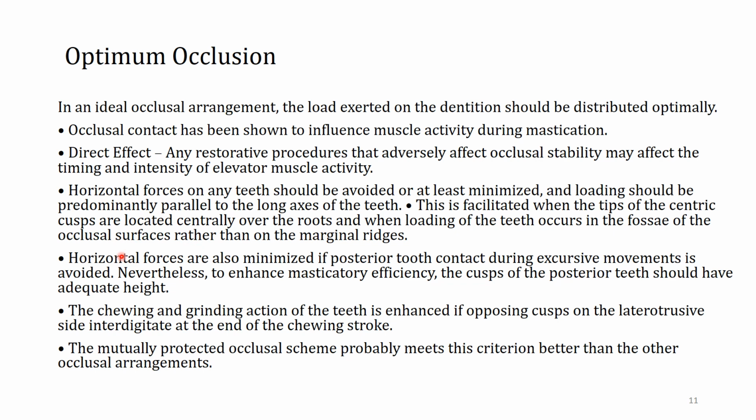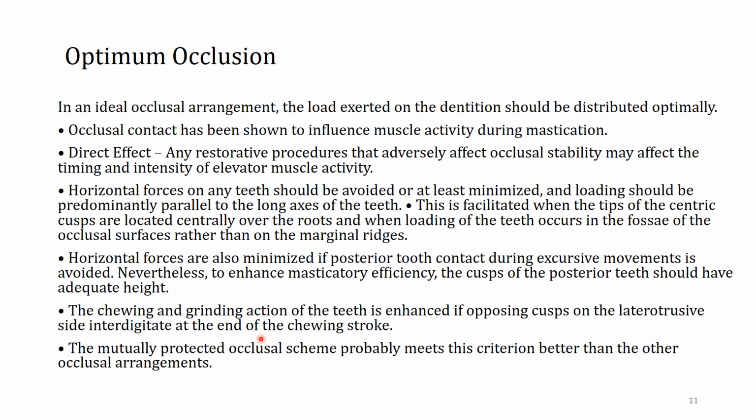The horizontal forces should be minimized and avoided. We should have a proper centric relation and proper cusp and fossa relations, and there should be a proper cusp to cusp contact.